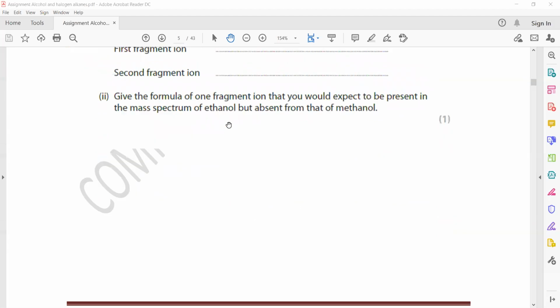If I draw the structures, what is the structure of methanol? Methanol means CH3OH, and ethanol means CH3CH2OH.